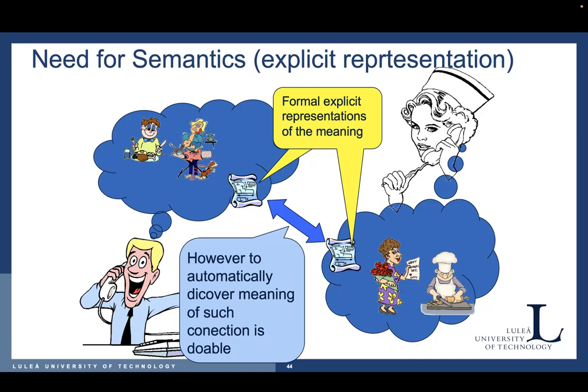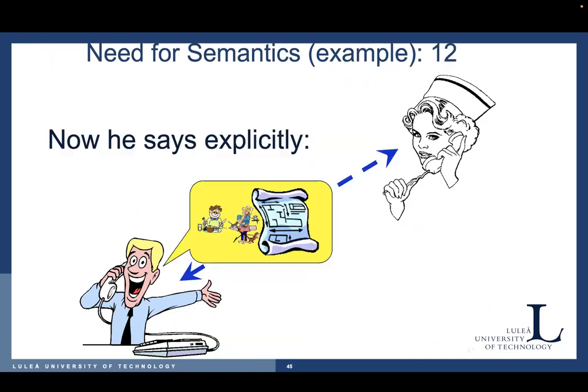If we have this kind of formal representation of different contexts, then instead of using an ambiguous communication channel like language, we can build a technical system that explicitly communicates knowledge.